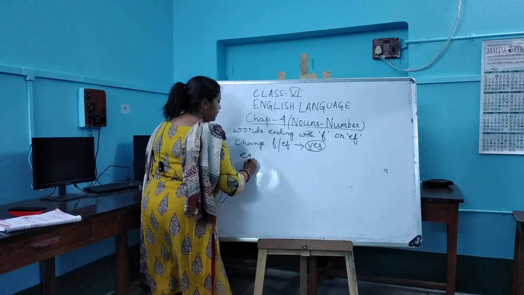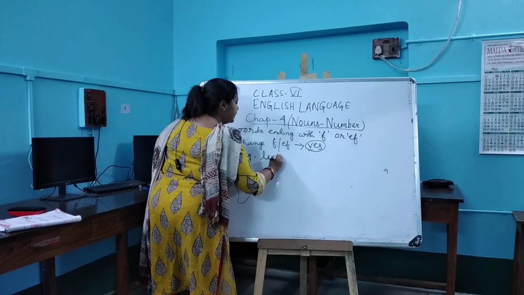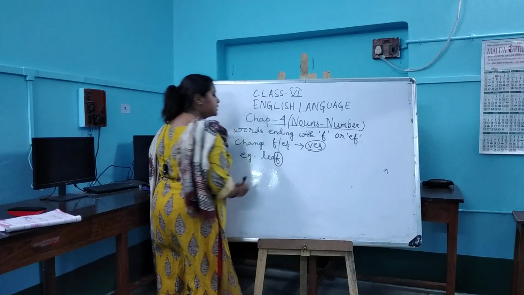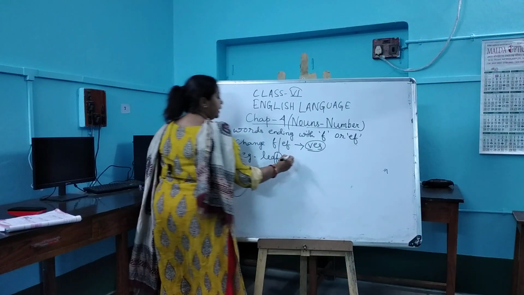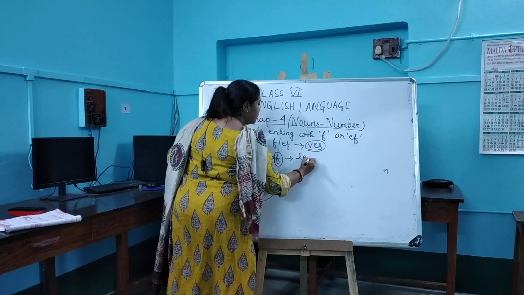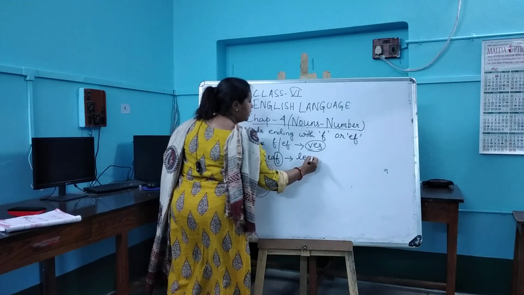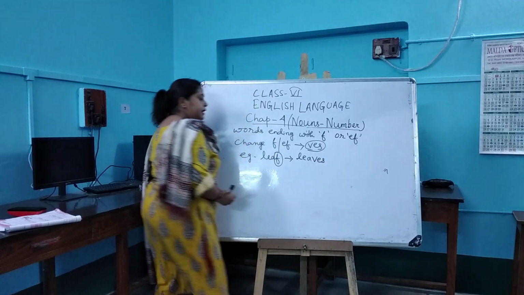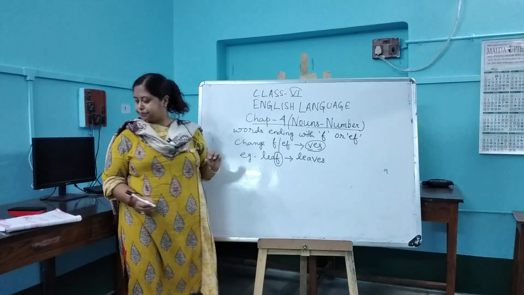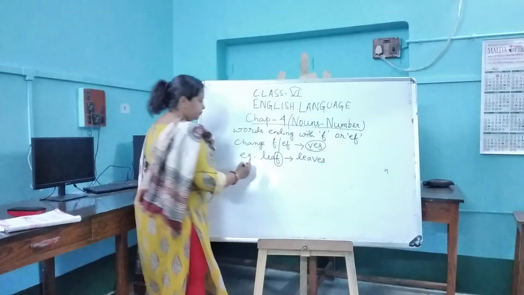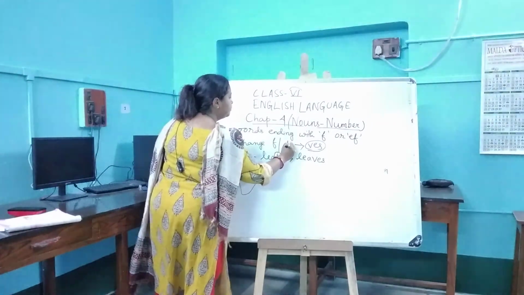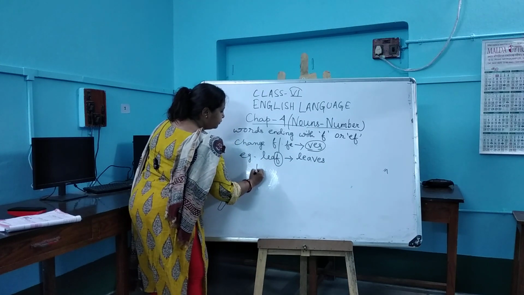For example, leaf. You see the last letter is f. When we make it plural, we change the f into ves, leaves. Knife, it will be f-e.